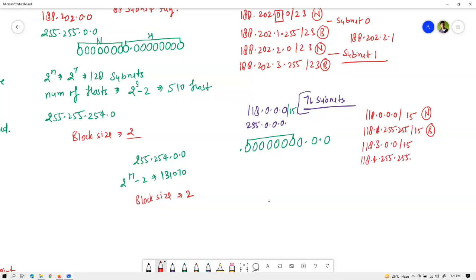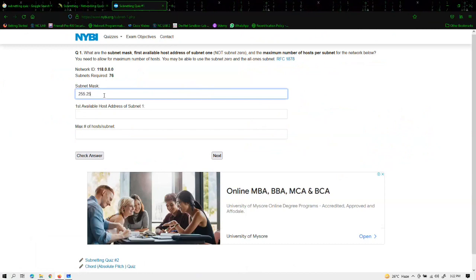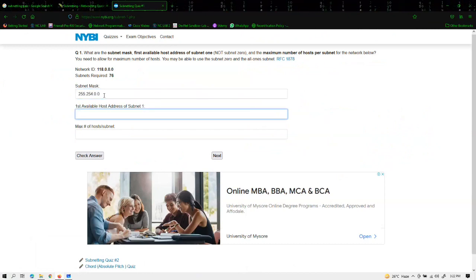This is the first subnet broadcast. Yes. Then 2, then 3/15. This is the network address and this is the broadcast address. So the first usable address will be 1.1, right? 255.254.0.